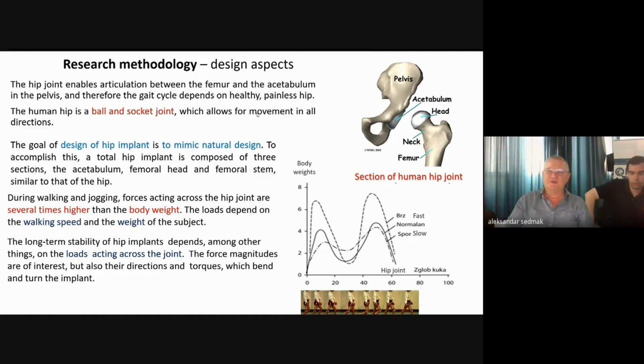Those who are jogging have several times more intensive load than those who just keep calm and walk slowly. So it is obvious that we have to face very different loading intensities and even different loading types. It is very individual.